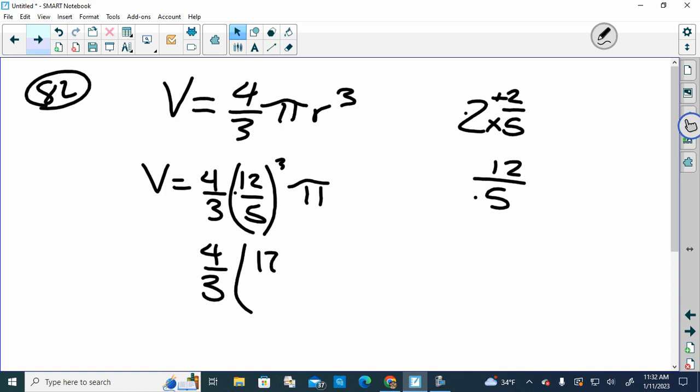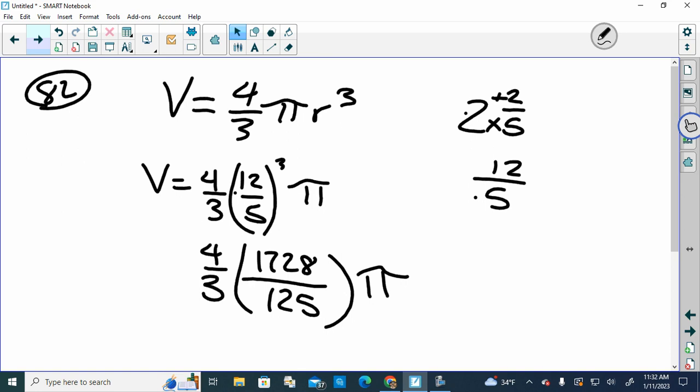I've got 1728 on the top, and it's not 5 times 3, it's 5 times 5 times 5, 125 on the bottom. At the end, we're going to add pi onto it. Now numerator, numerator, denominator, denominator.